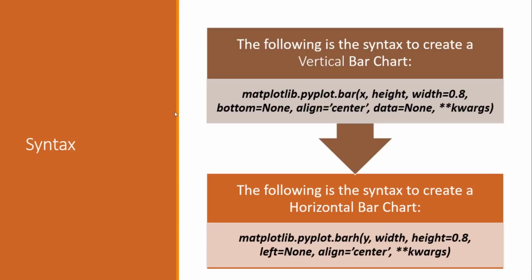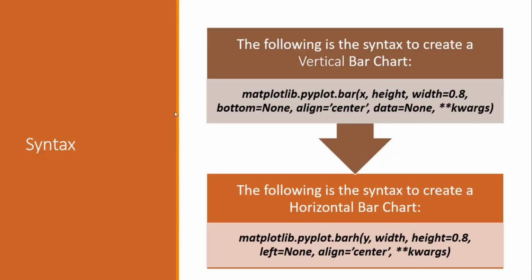Now we will discuss the syntax to create a horizontal bar chart. And to create the horizontal bar graph, we use the barh function of Matplotlib. And the syntax of this function is as follows. So this barh function belongs to the pyplot module of Matplotlib. So we write matplotlib.pyplot.barh, and after that we pass some parameters to it.